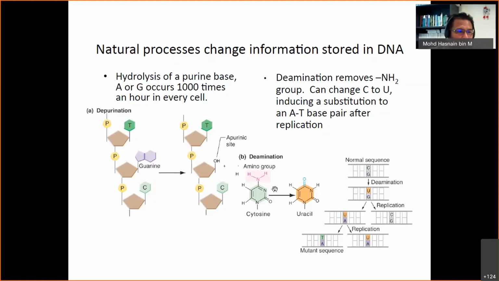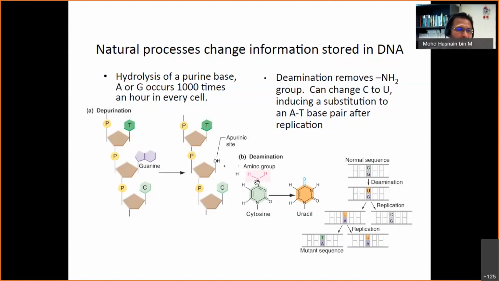In depurination, you remove the purine base. In deamination, you remove part of the chemical group on the nitrogenous base, the amine group. Recall amine from amino acids: when you learn biochemistry, the protein starts with the N terminus and ends with the C terminus. The N terminus has the nitrogen, which is usually on the amino group.